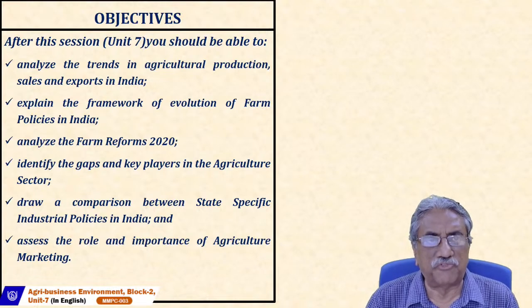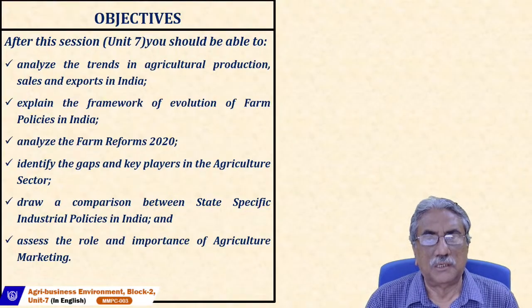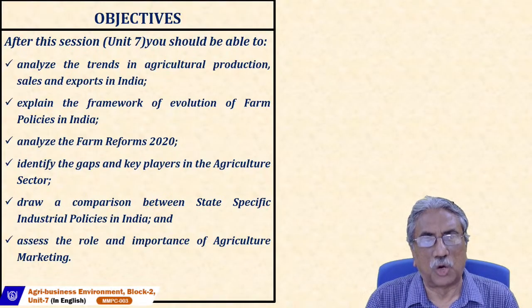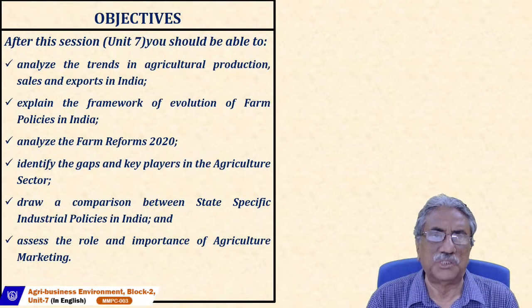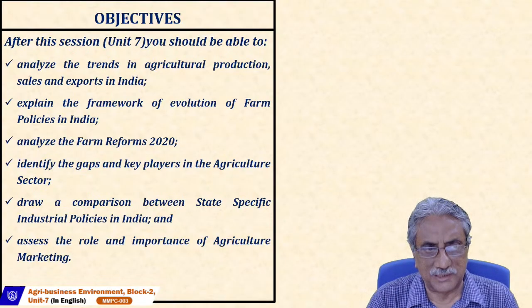Then we'll explain the framework of evolution of farm policies in India. Once you implement a policy, it takes time to give result on the ground. After some years, you come to know whether there are flaws or some improvisations are required or not. So that framework you will understand.